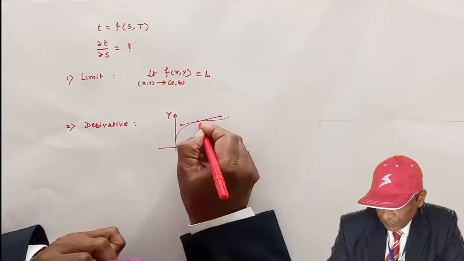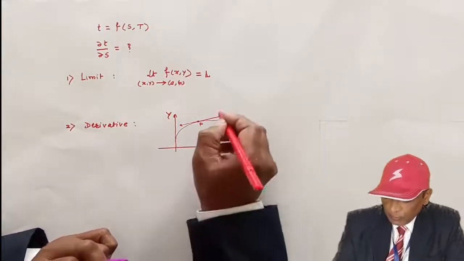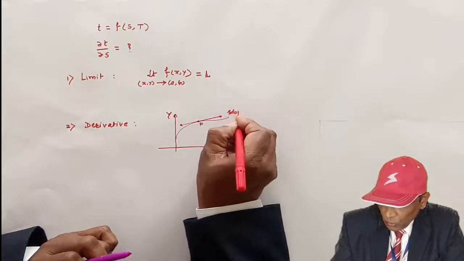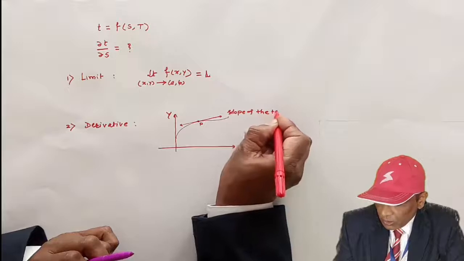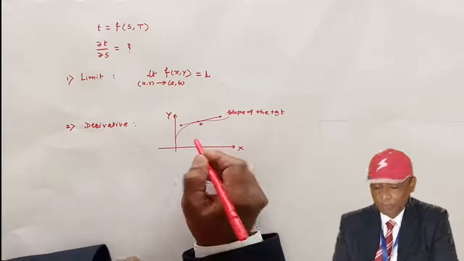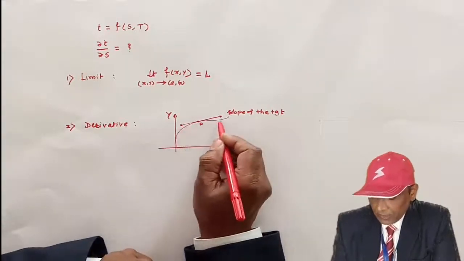Let this point be P. The slope of the tangent is what? The derivative of this function.